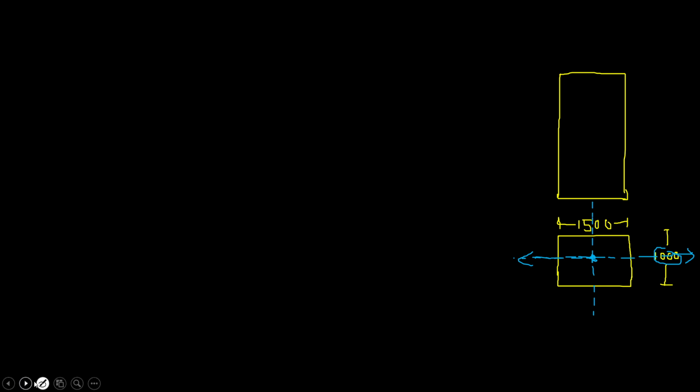Now what is the distance of our force? It is given as E is 250 mm. So this distance is E and this is the location of the force.